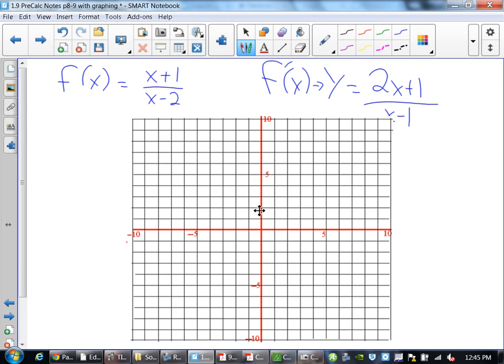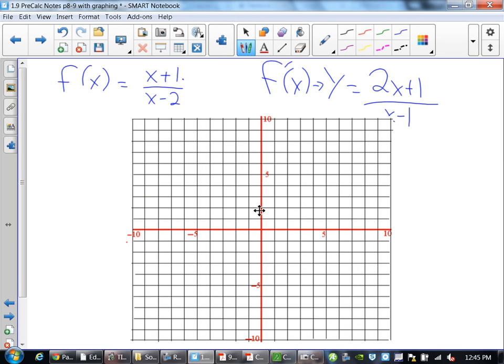So in the numerator of my original function, what's my 0? Negative 1. The 0 here is negative 1. So that means there's an x-intercept at negative 1.